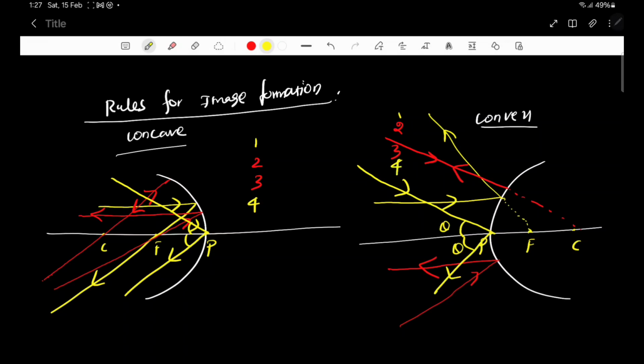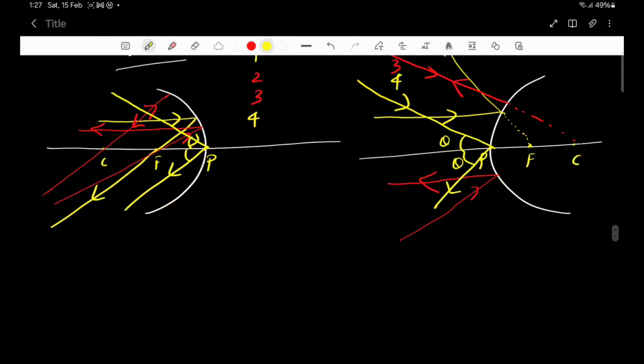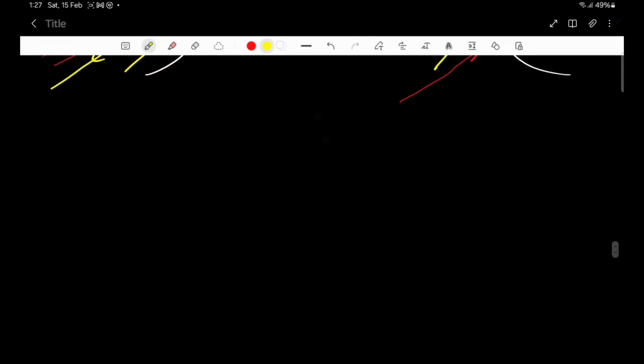By using any two rules, we are able to get the location and the nature of the image. Once you are thorough with these rules, you can construct the image formation diagram on your own. Now I will draw the image formation diagram for the concave mirror.